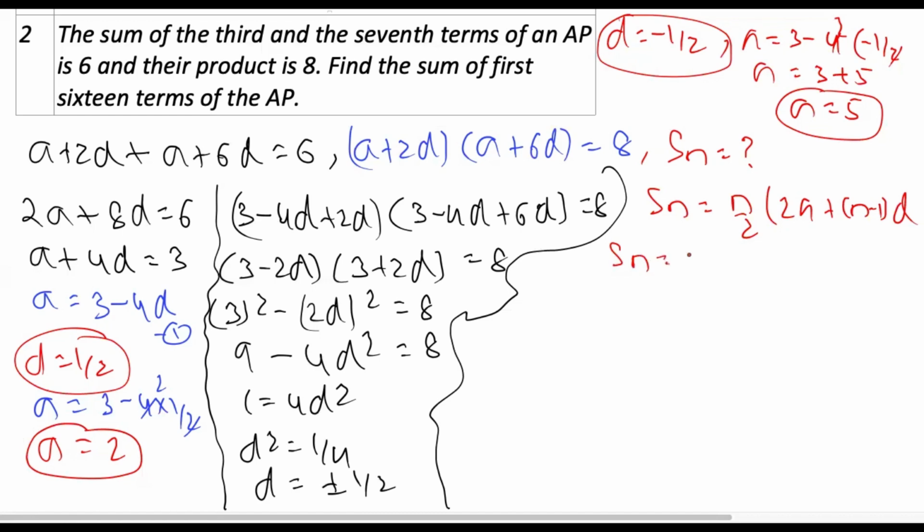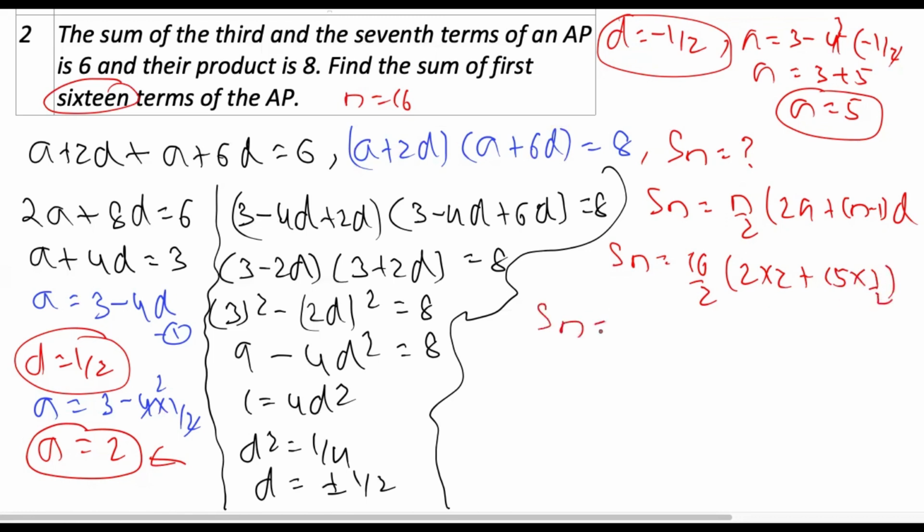We have to find the sum of the first 16 terms, so we take n as 16. So 16 over 2 bracket 2 times a, that is 2 into 2, plus n minus 1, 16 minus 1 is 15, and d is positive half here.